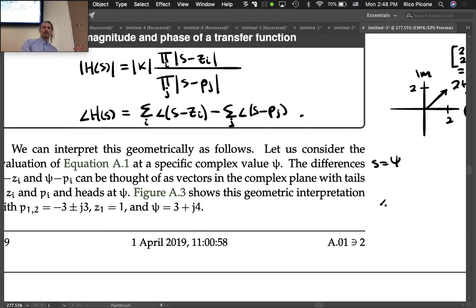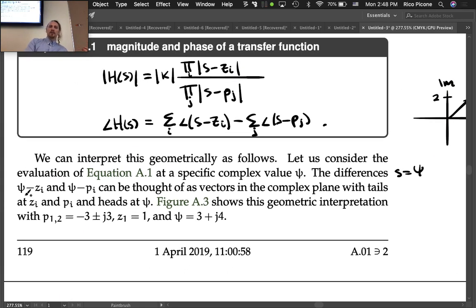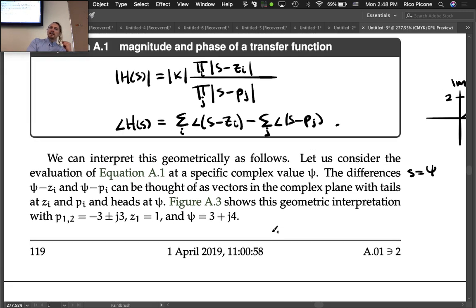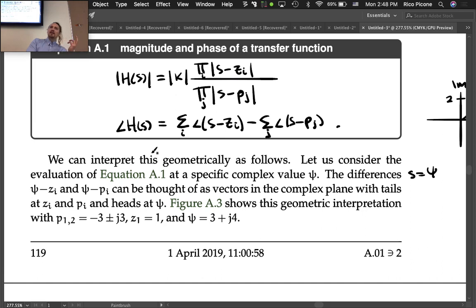So a subtraction in terms of complex numbers is analogous to a subtraction in terms of vectors, right? So psi minus zi would be this vector in the complex plane with tails at the z's and p's and heads at psi.